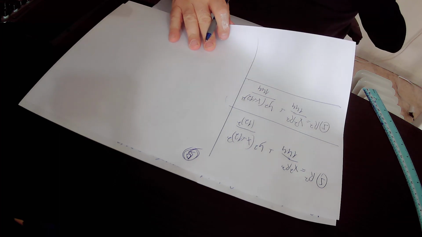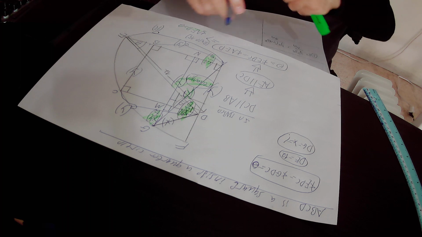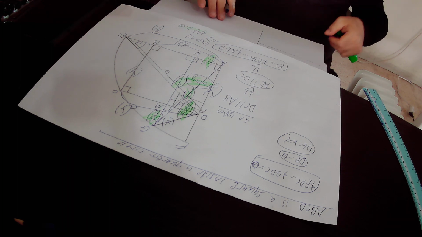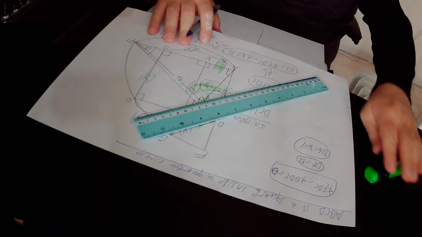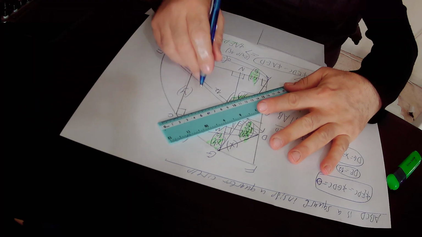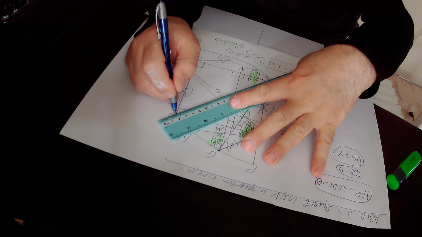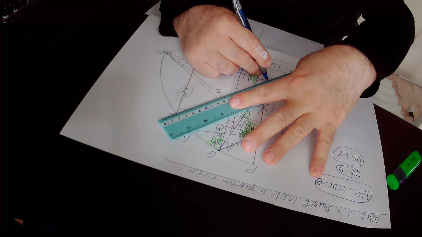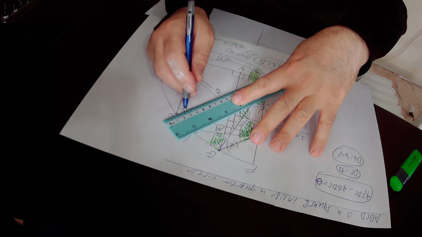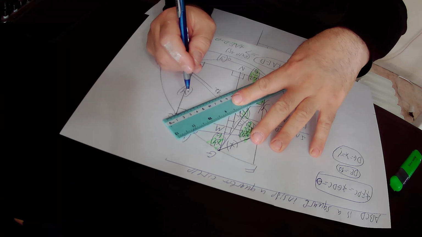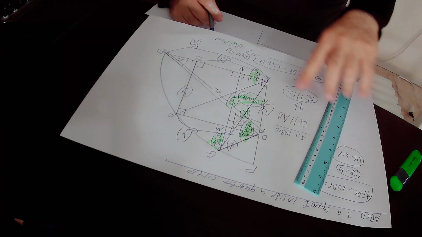In the next step, we will join points A and C together by a straight line. By joining points A and C, we can make the right triangle ABC.